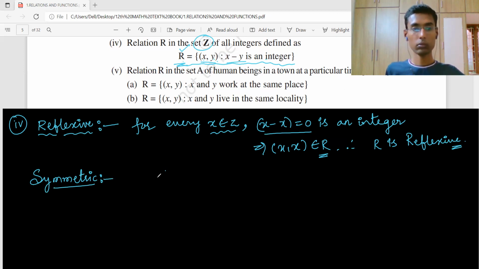For symmetric, we can write: for every x comma y belongs to R, y comma x also belongs to R, because that is also an integer.